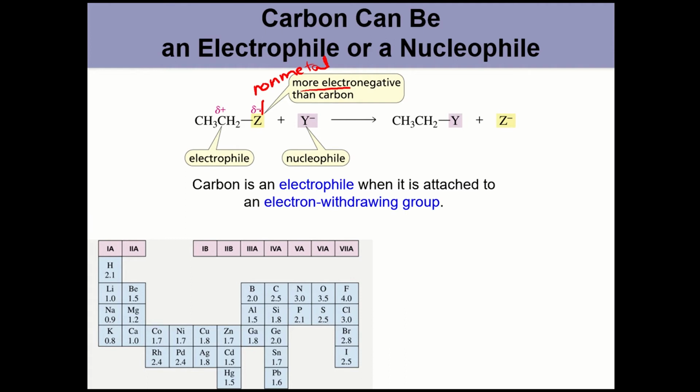If it gets a negative charge, carbon is going to get a positive charge. So carbon can act as an electrophile. Electrophiles in general have electron deficiency. So if you have a carbon chain where a nonmetal, electronegative group is attached, carbon can act as an electrophile.